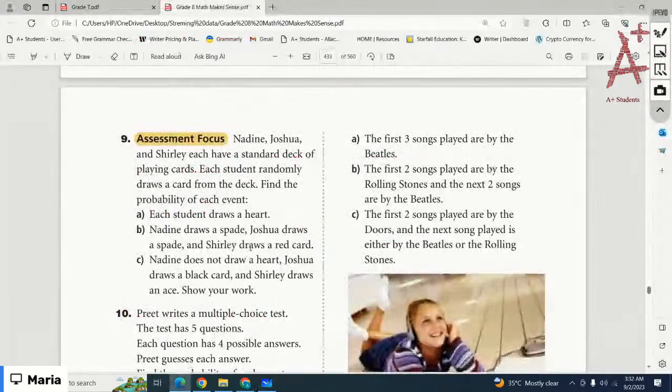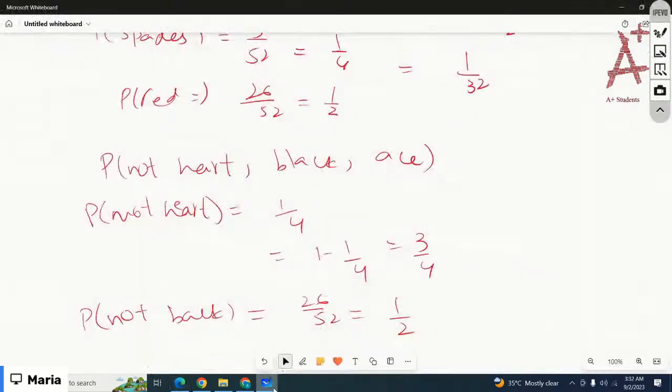The next one is, okay, show your work. The probability of not heart, black, and ace: not heart is 3 over 4, black is 1 over 2, and then the probability of ace is 1 out of 13, right? When you multiply them, it would be 3 divided by 104, right?